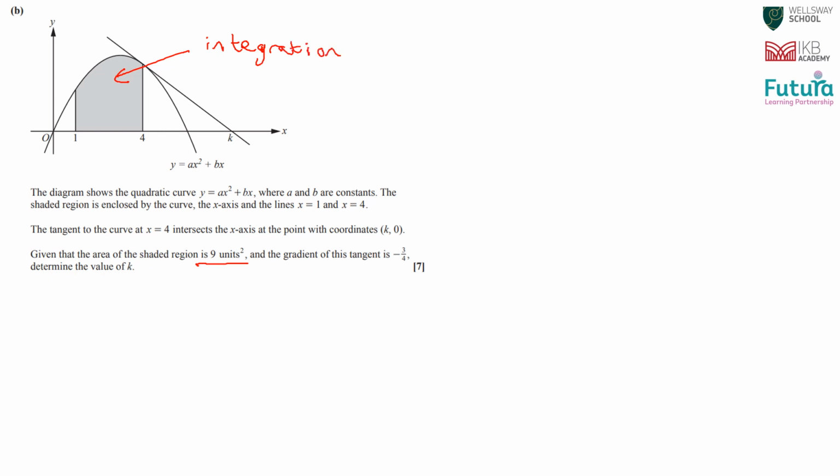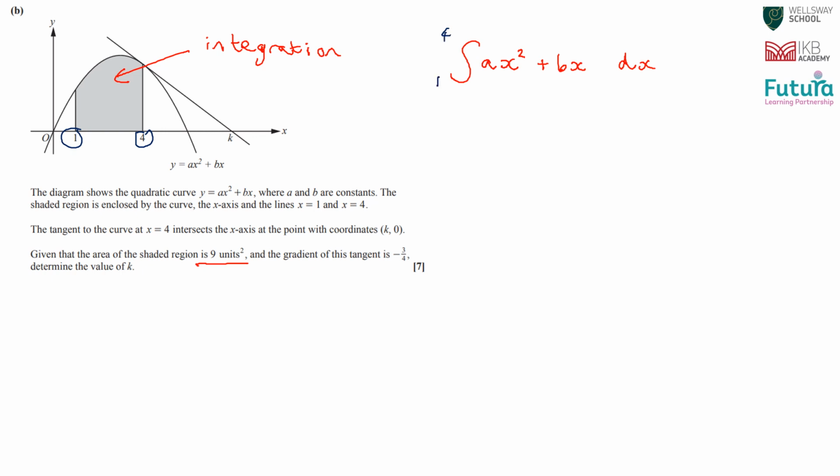So we need to integrate to find the area. I'm going to integrate ax squared plus bx with respect to x, and my limits are going to be 4 and 1.